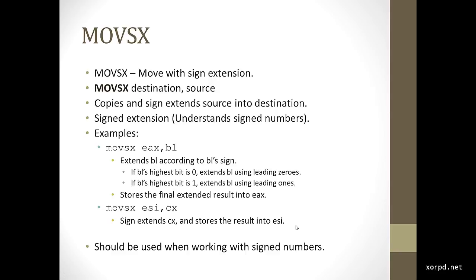The move SX instruction should be used when working with signed numbers. If you are using unsigned numbers, then you are going to get wrong results if you use move SX. So do the separation. Whenever you work with unsigned numbers, use move zero extension. Whenever you work with signed numbers, use move sign extension.